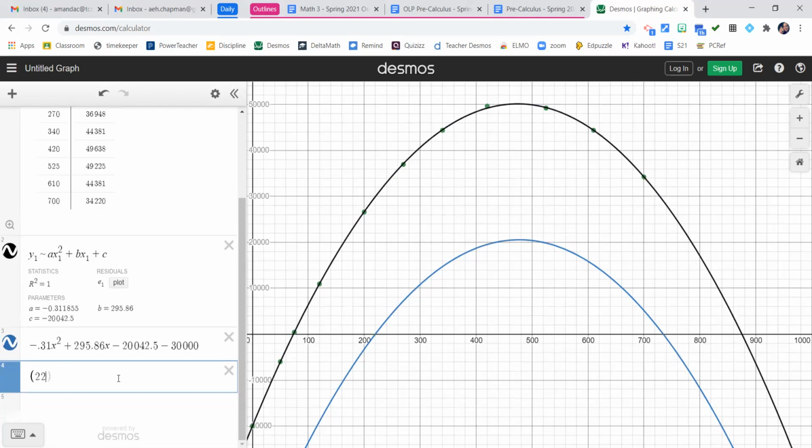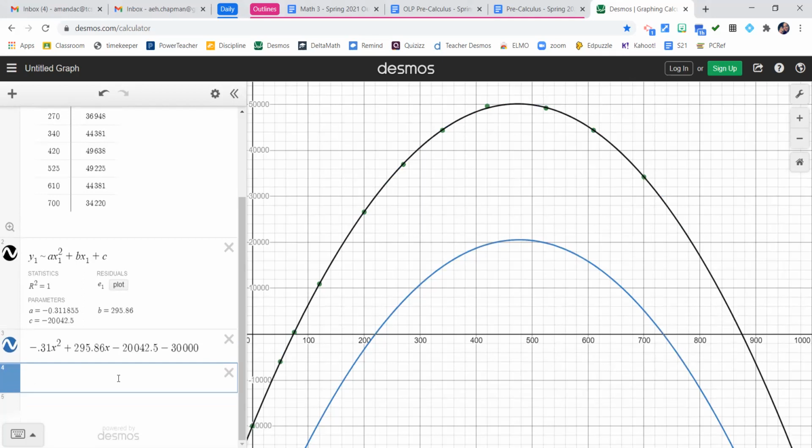And then part D, it says determine the number of pounds of cookies she should sell in order to maximize her profits. So I'm looking at the maximum here. She needs to sell about 477 pounds of cookies. And then that maximum profit would be the Y value there. But remember, we have to add that 30,000.